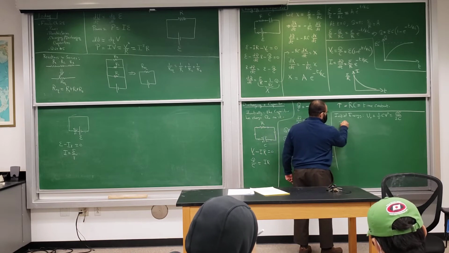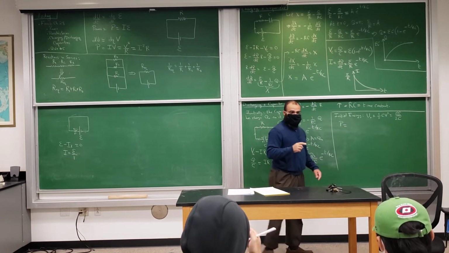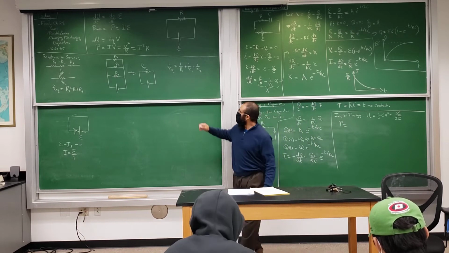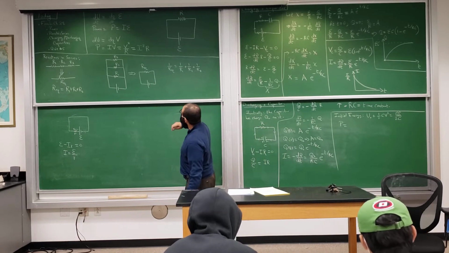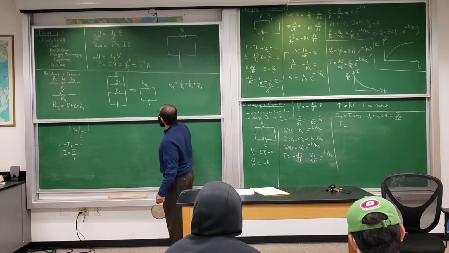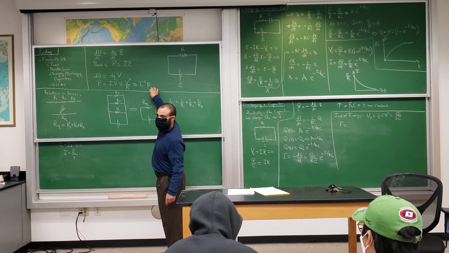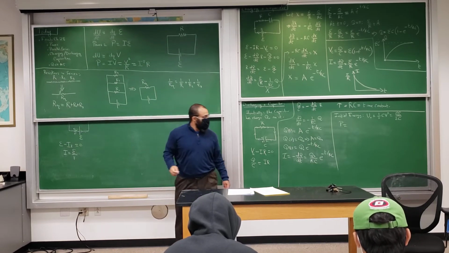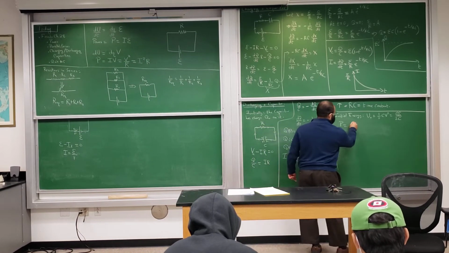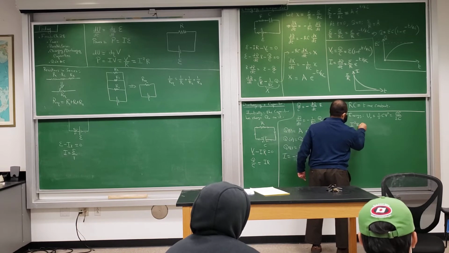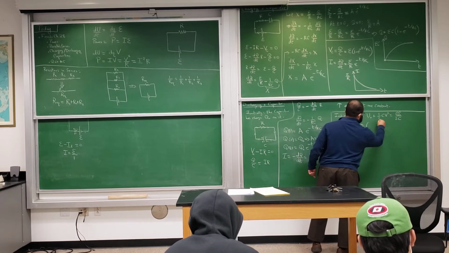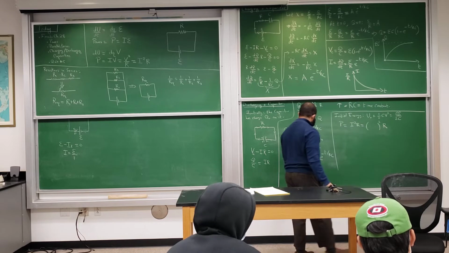The power in the resistor, the energy given off in the resistor per unit of time, is I squared R, right? So the power is I squared R. But what's I?